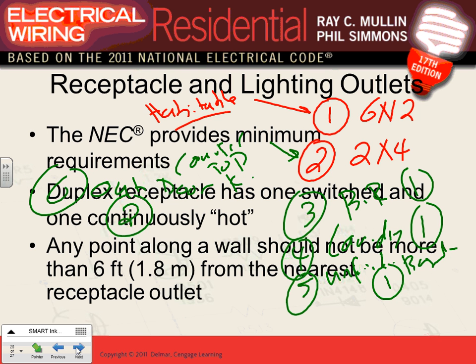Cool? Everybody knows that, the rules by code. Rule 7: attached garage, one receptacle. Did we forget anything else? Balcony or deck. Number 8.